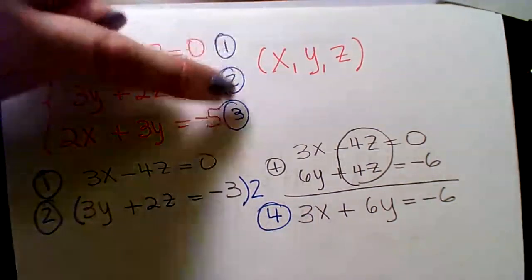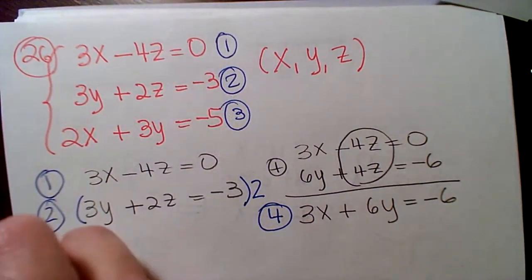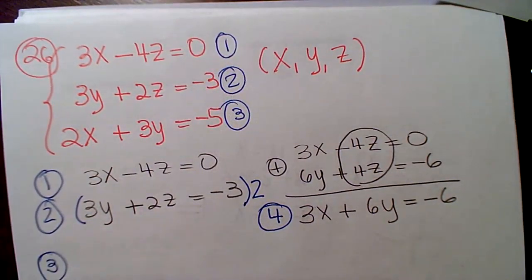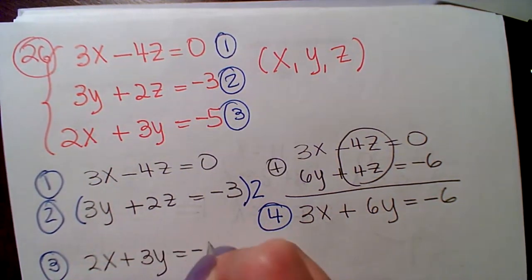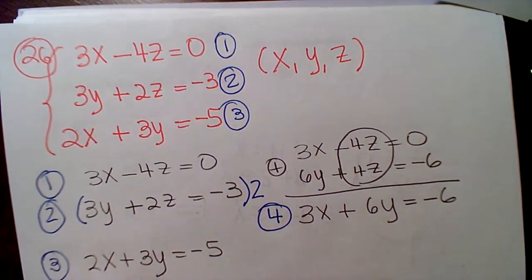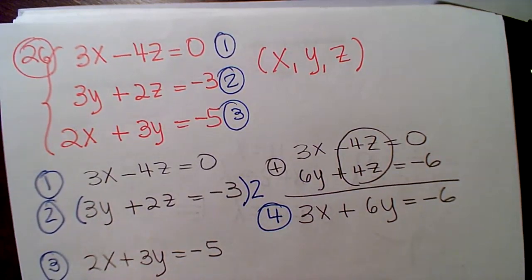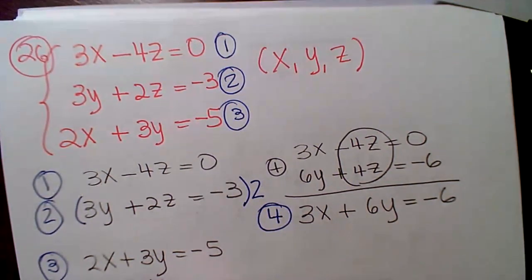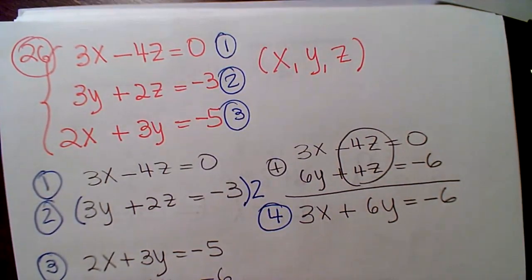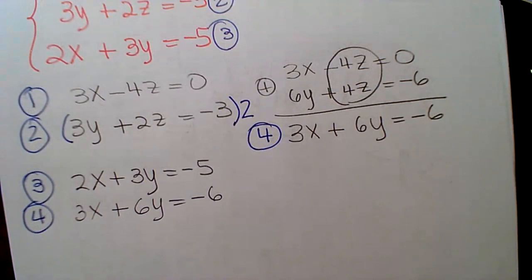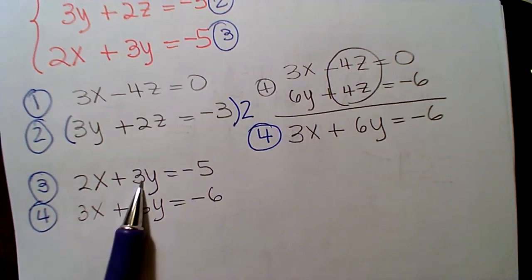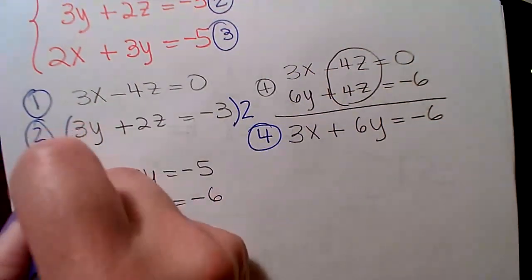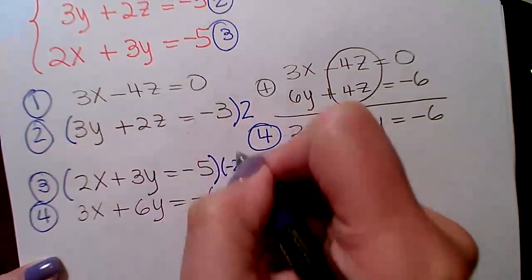So I already used 1 and 2. Now I'm going to use 3. So let me write it down here. 3 is 2x plus 3y equals negative 5. And the one that I just found is 3x plus 6y equals negative 6. I can multiply by negative 2 to eliminate the y. So let's multiply by negative 2.